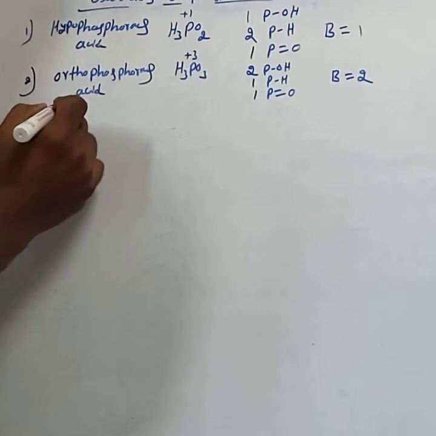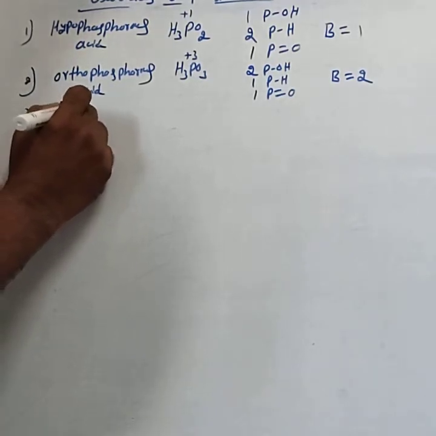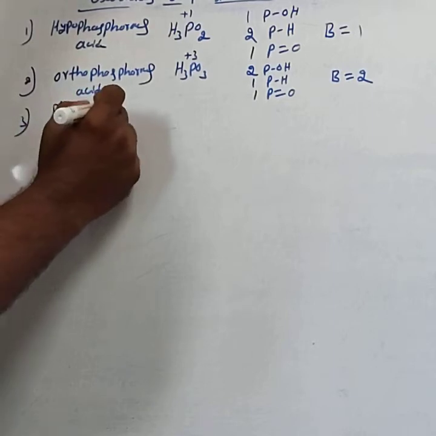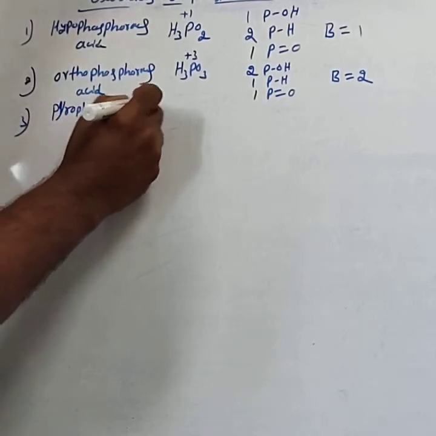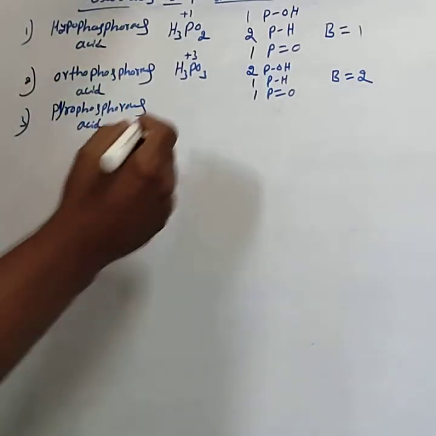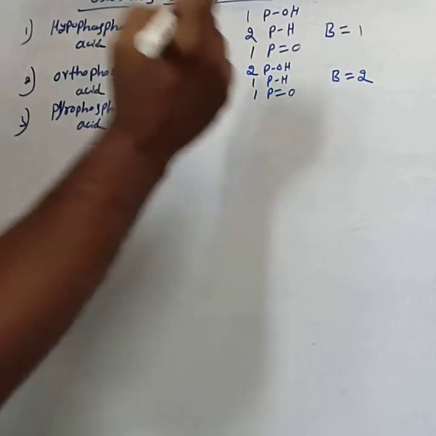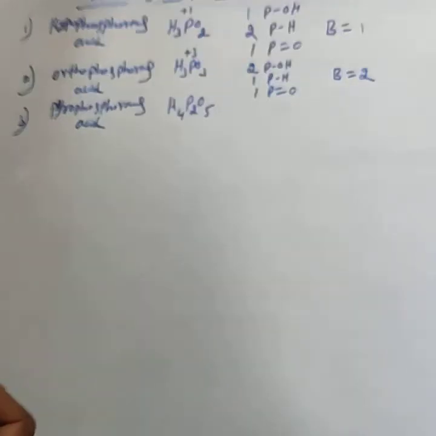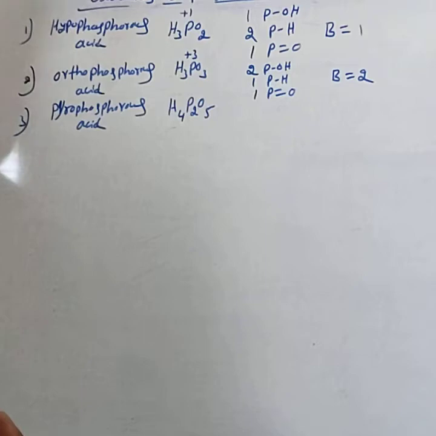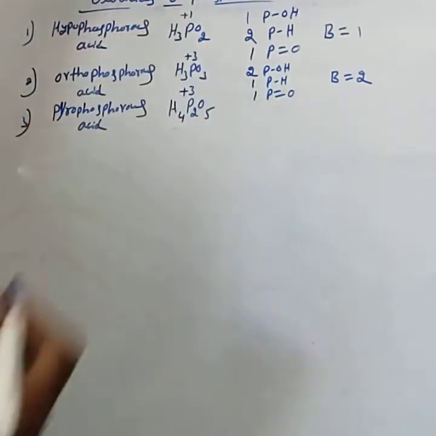Then pyrophosphorus acid. Pyrophosphorus acid formula is H4P2O5. In H4P2O5, again the oxidation state of phosphorus is +3.